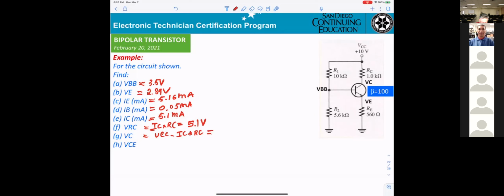So it's 10 volts minus the VRC, which is the same thing as ICRC. Exactly. So that's 4.9? Okay, 4.89, 4.9.